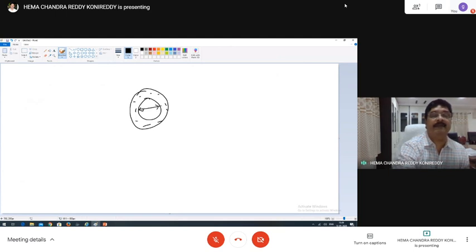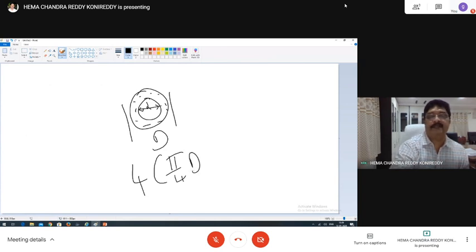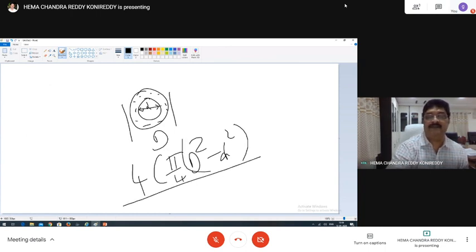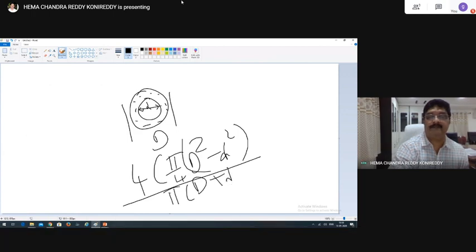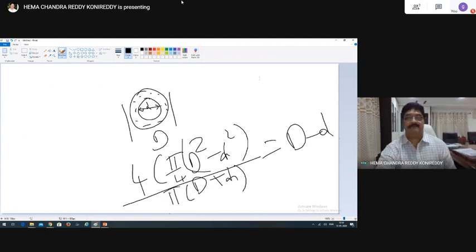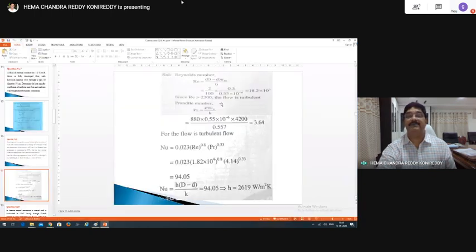It's a small d and a capital D. So 4 into pi by 4, the area for the fluid passage, the gap in the cross-section area, divided by wetted perimeter, right? Pi into (D plus d). So effectively, this is capital D minus small d. So this is the characteristic dimension that is used.